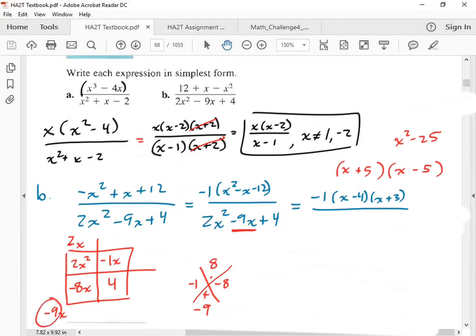Because I have to add to give me -9. What can I take out of both of these? -1. Now we have to check them in the end to make sure they work. What can I take out of both of those? An x. Not a -x, because you already did a negative.